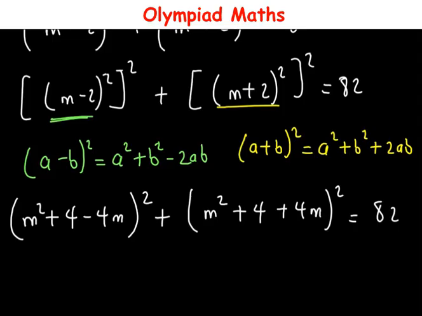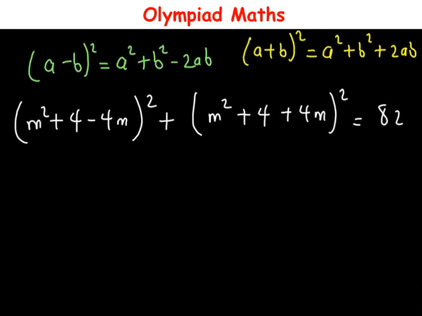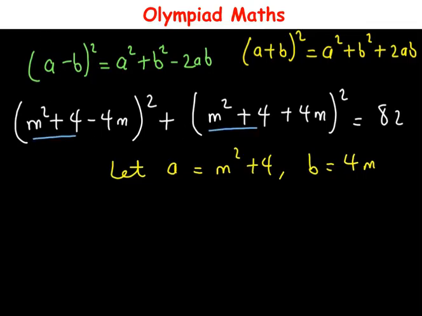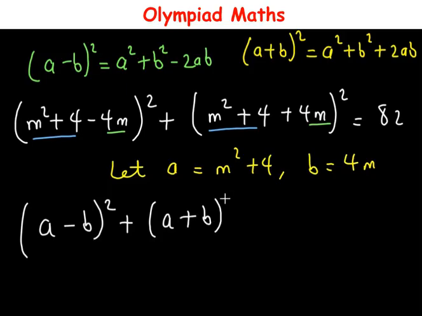Now with this, the next thing we're going to do is to say let a equals m squared plus 4 while b is equal to 4m. So we replace m squared plus 4 with a and we replace 4m with b. So this equation then becomes (a minus b) all squared plus (a plus b) all squared is equal to 82.